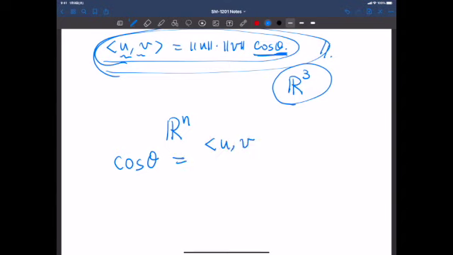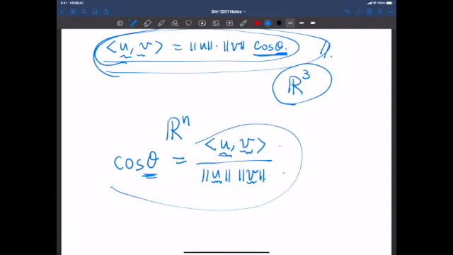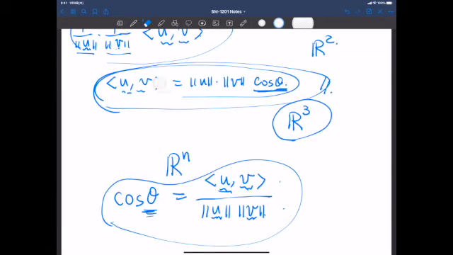So this means in higher dimensional spaces, we define the angle between two vectors as this. So we can define the dot product for any dimensional space, and of course we can calculate the modulus of any vectors in any dimensional spaces. So based on this equation, we may be able to define the angle between these two vectors. So this will become the definition of the angle rather than the result of the dot product.